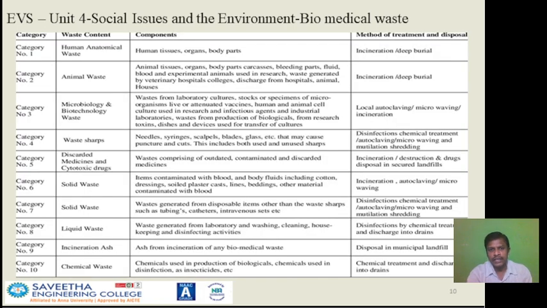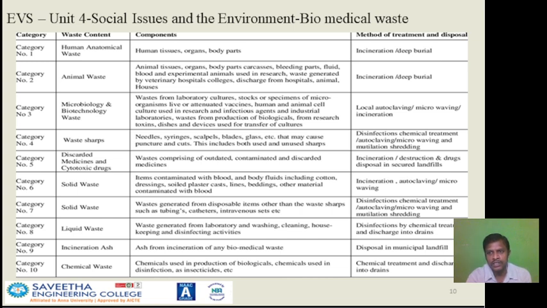The various categories of biomedical waste are: category 1, human anatomical waste, human tissues, organs and body parts, treated by incineration or deep burial. Category 2, animal waste, animal tissues, organs, body parts, carcasses, bleeding parts, fluid, blood and experimental animals used in research, and waste generated by veterinary hospitals, colleges, discharge from hospitals, and animal houses.